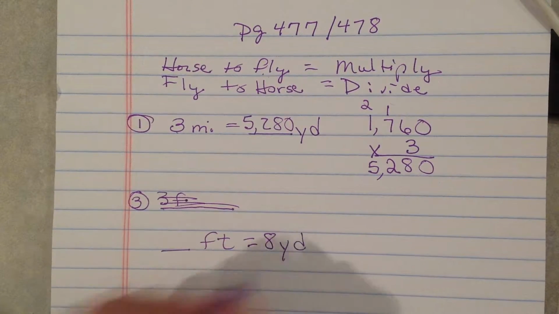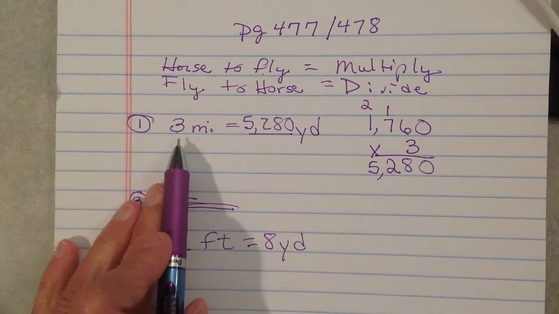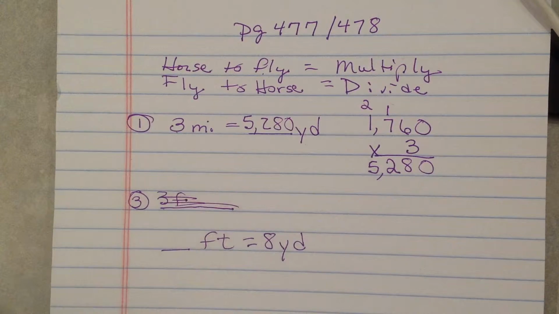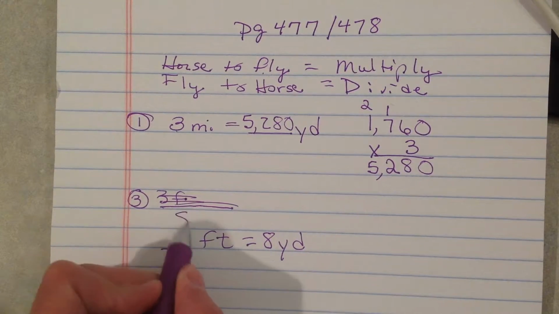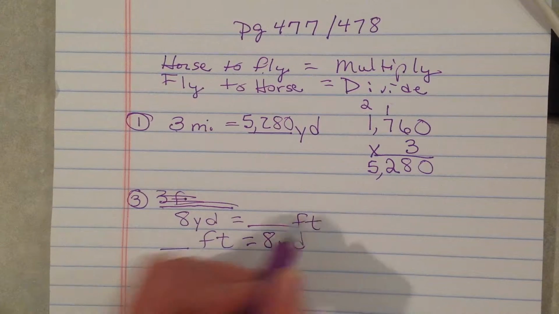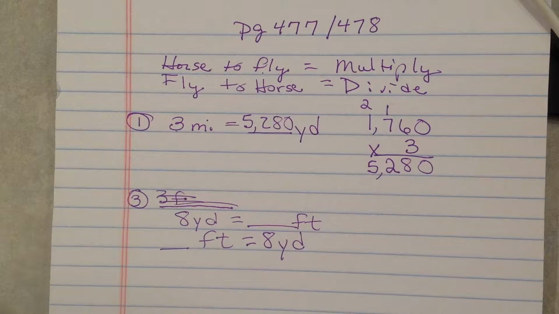This looks a little different because up here our miles were on the left and here the blank is on the right. But it doesn't matter. You can flip this around and put 8 yards is equal to how many feet. The whole point is you're going from 8 yards to feet.